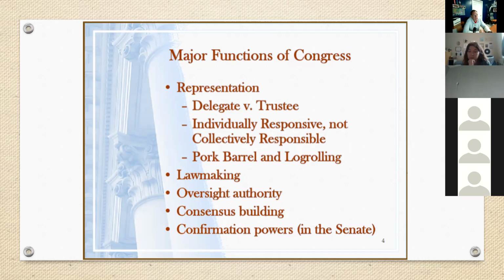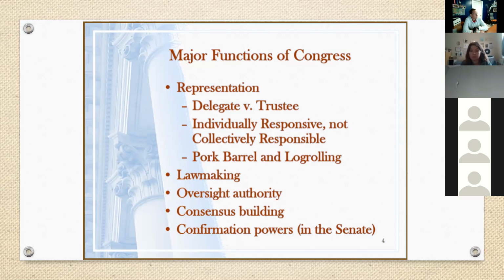So let's say they're passing an education bill, and they need one more vote, and they need a senator from Kentucky to vote for this bill. They might go to that senator and say, what do we need to get you to vote for this bill? And that senator from Kentucky will say, all right, here's what I need.